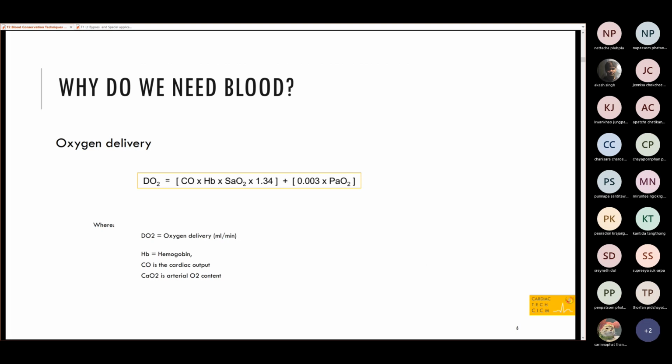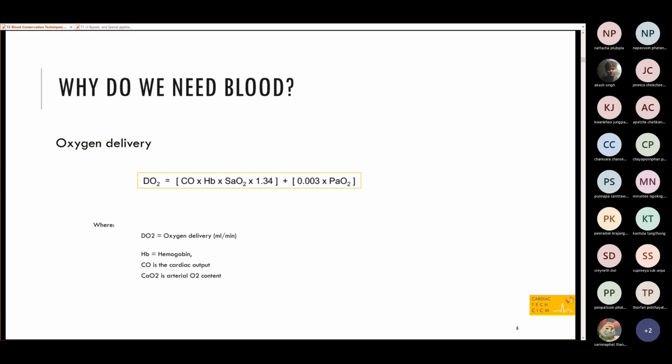Because, yeah, we go back to this equation again. This relation shows you that hemoglobin plays an important role in carrying oxygen. We know that this is all about our body.